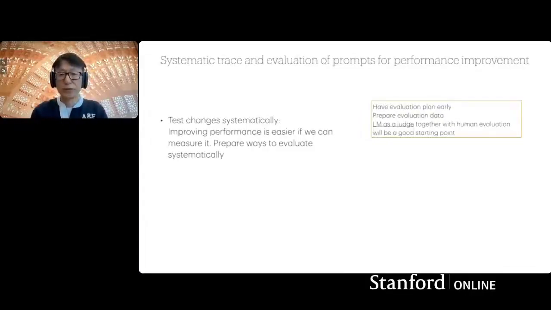So you may use a language model as a judge, meaning that you ask a language model to evaluate the model-generated output against the ground truth output, so that the model can score the generated output's quality, and you can use that against your currently developed applications.